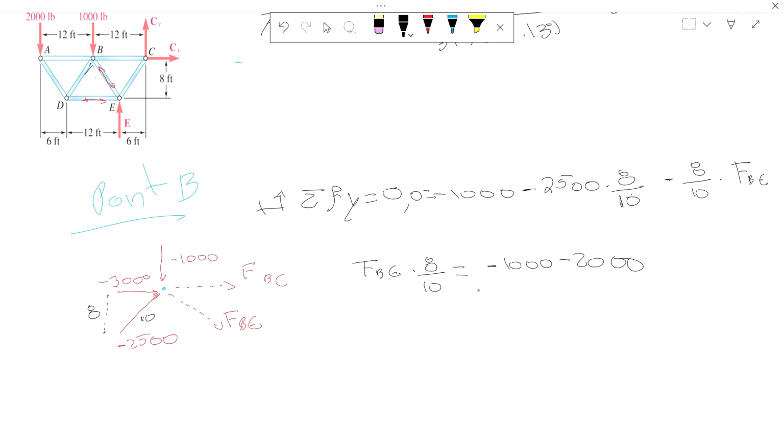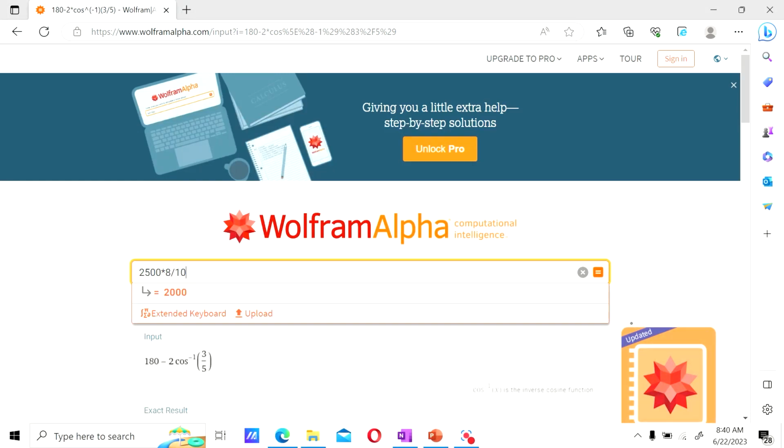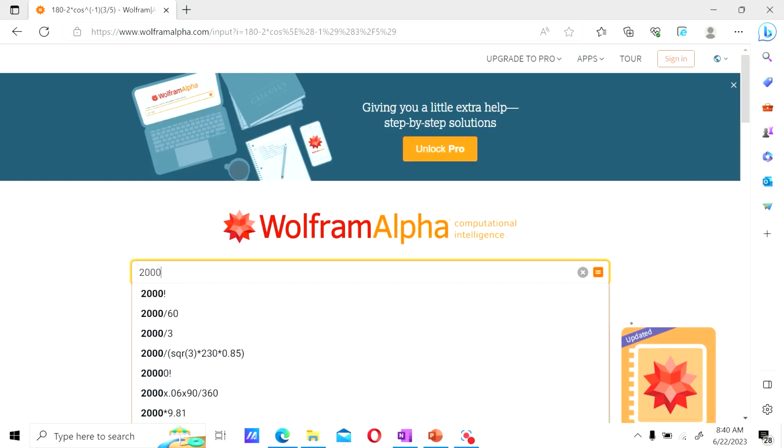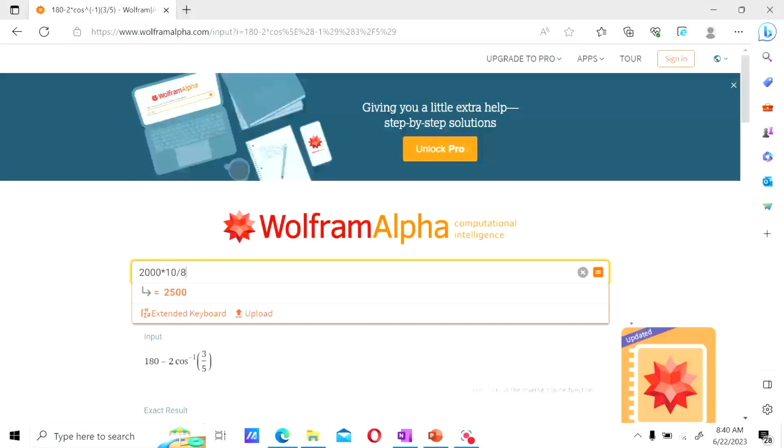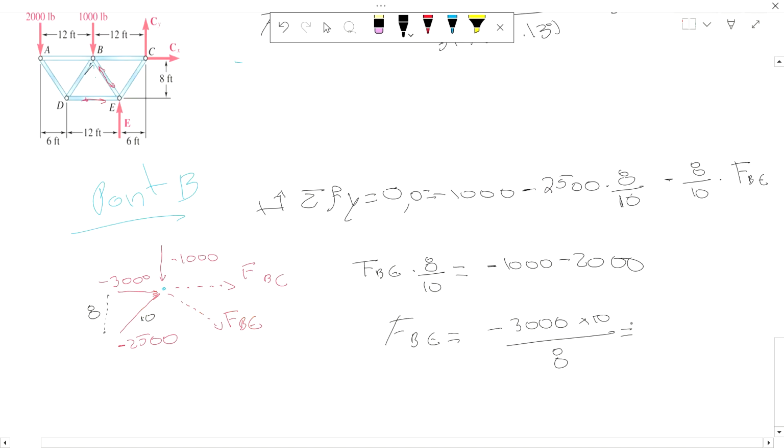So this is force B to E. So let's see, force B to E is equal to negative 3,000 times 10 divided by 8, which is equal to, so 2,000 times 10 divided by 8, 2,500.